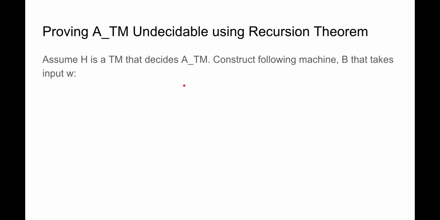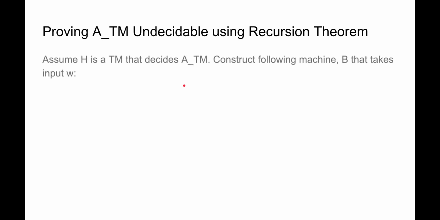So now let's look at an application of this to prove that the language ATM is undecidable in a much simpler way. If you recall in the textbook, the original proof was using diagonalization, but we can also prove this using the recursion theorem. So let's start off assuming, for the sake of contradiction, that H is a Turing machine that will serve as a decider for this language.